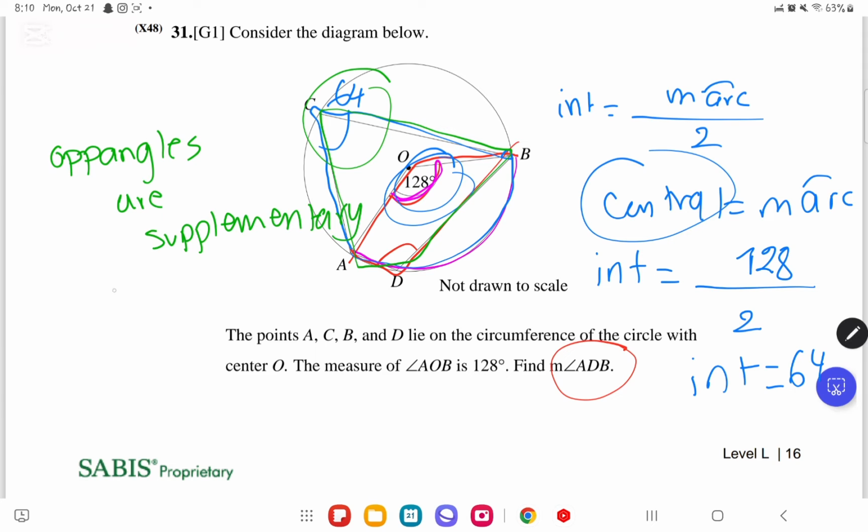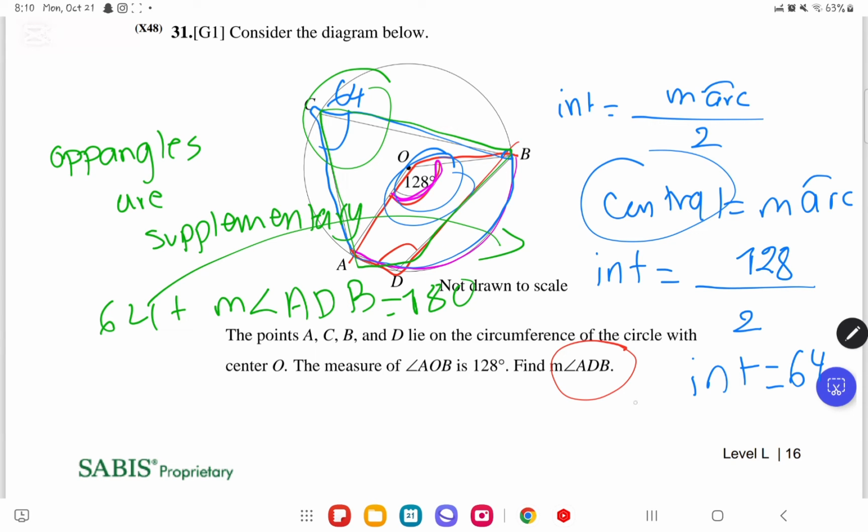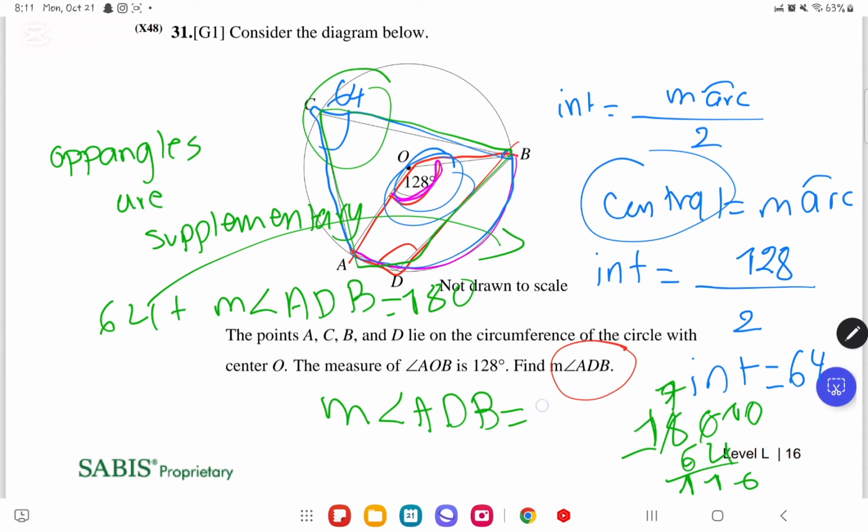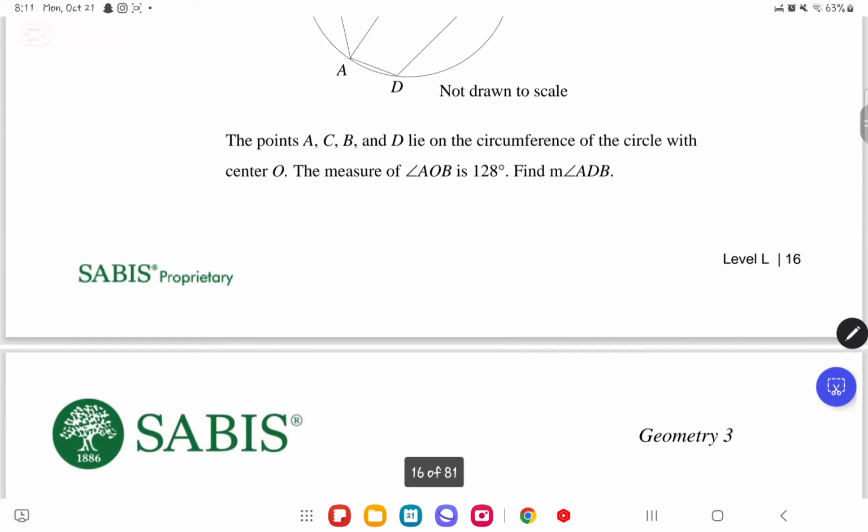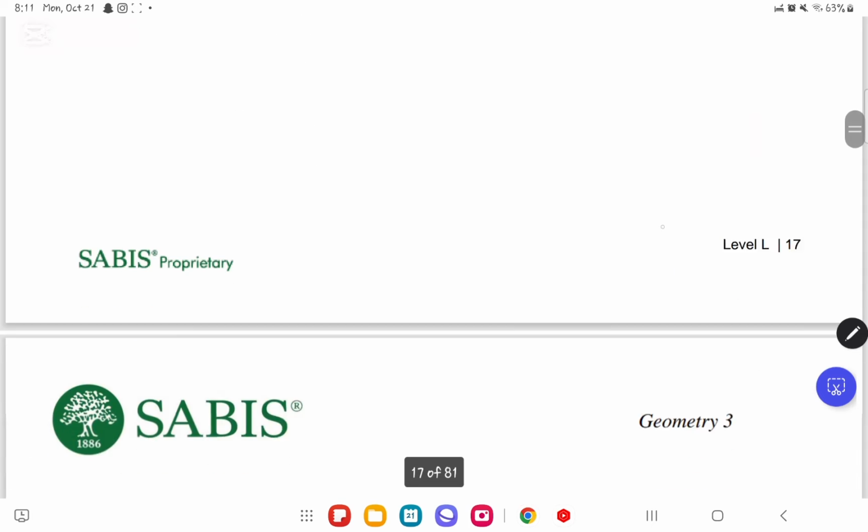That means 64 plus measure of angle ADB is equal to 180. Very easily we move 64 to the other side. 180 minus 64 is 116. So then we get the measure of angle ADB is 116 degrees. So that was grid 31.